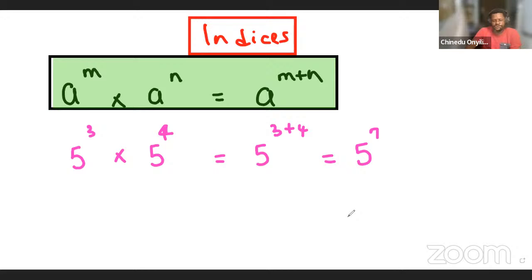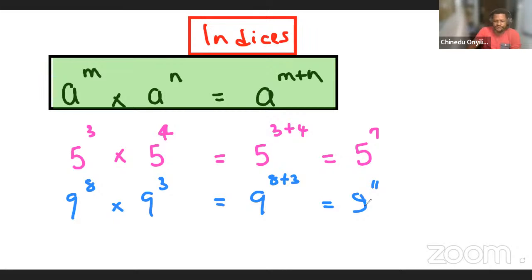Now, we can also use different numbers if we choose to. You could have, say, 9 to the power of 8 times 9 to the power of 3. Of course, if you have the same base, you take one of the base, and then you add the powers, which is 8 plus 3, and that's going to be 9 to the power of 11.